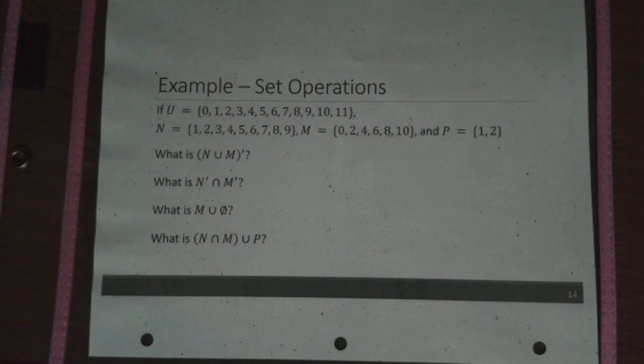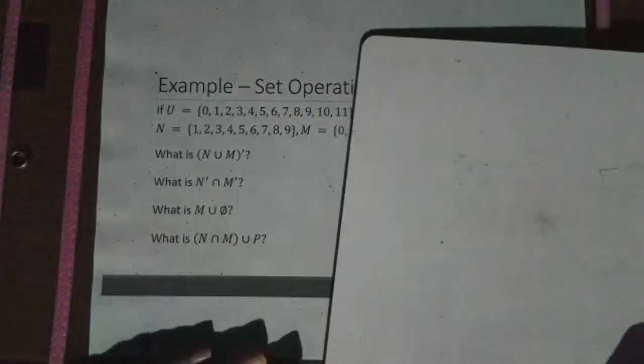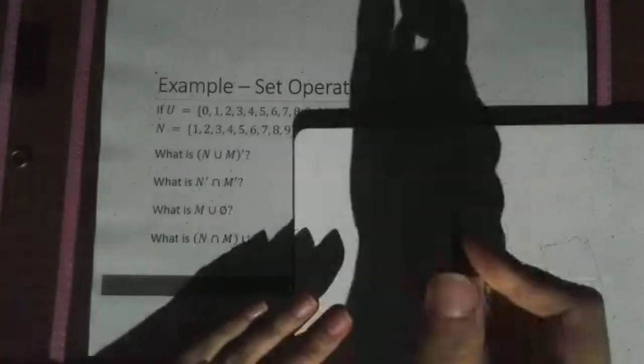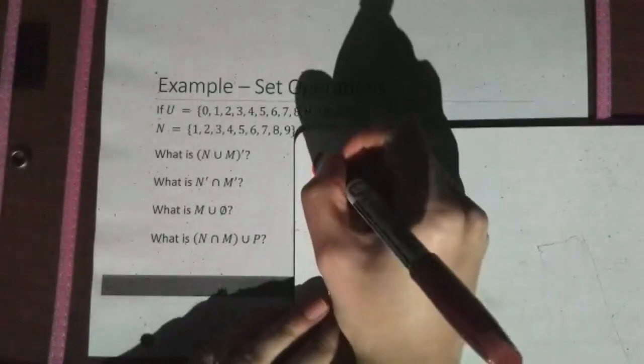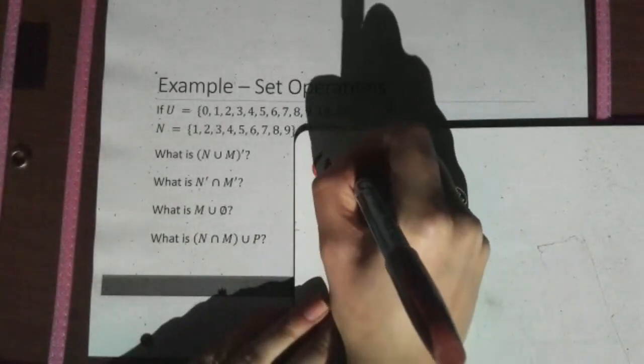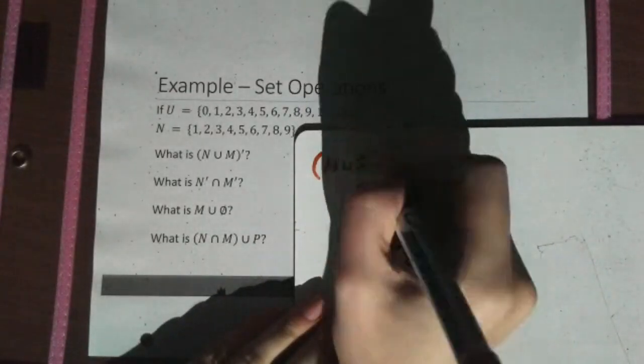First up, we want to find N union M prime, so the complement of N union M. So similar to how we have the order of operations, we're going to follow that same idea when it comes to set operations, which means we need to start in the parentheses. So in parentheses, I have N union M.